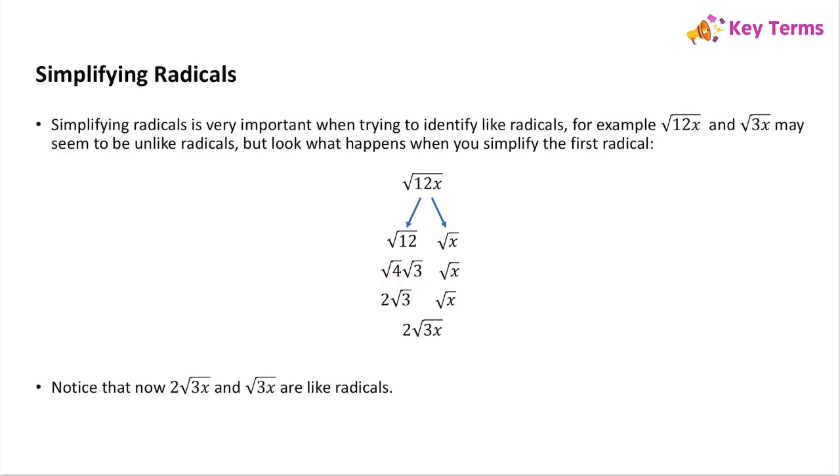So then if we take the square root of 4, we get 2 times the square root of 3, and then we still have the square root of x over here. When we put everything back together, we get 2 times the square root of 3x. Well, notice that now 2 times the square root of 3x and the square root of 3x are like radicals. So when you're looking at these, you want to make sure that all your radicals are fully simplified before trying to determine whether they're like or unlike.